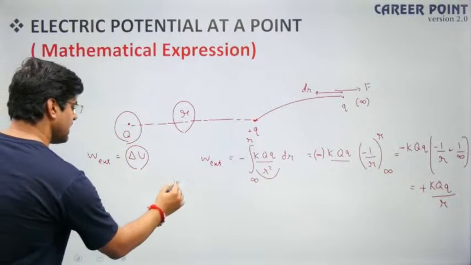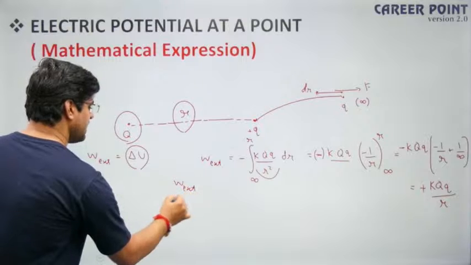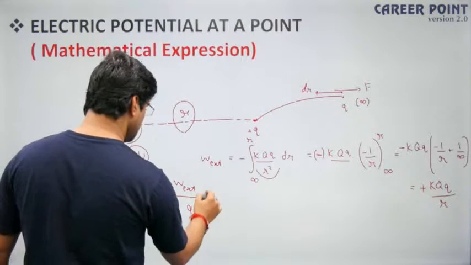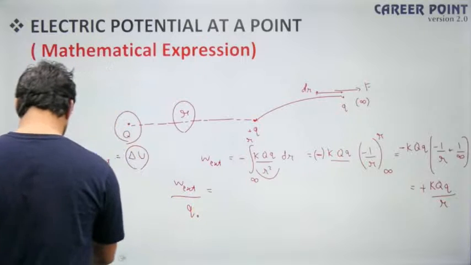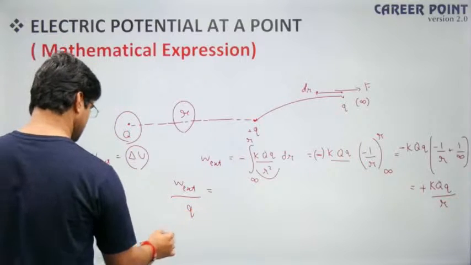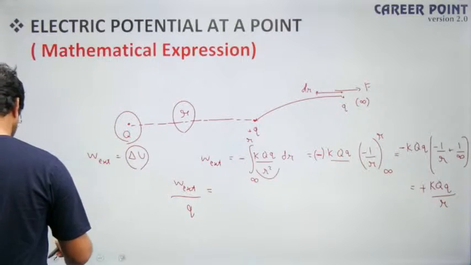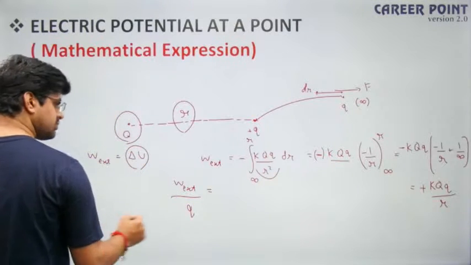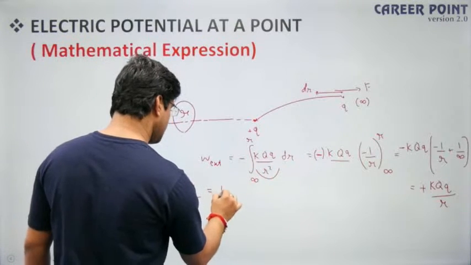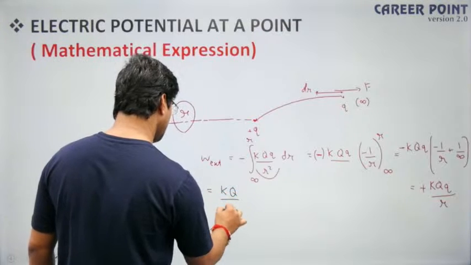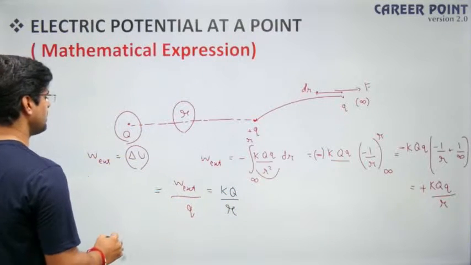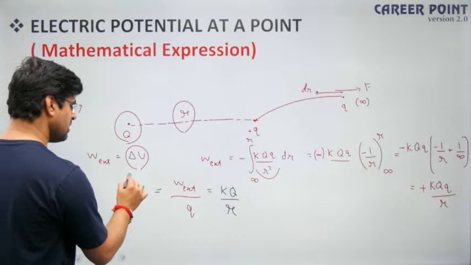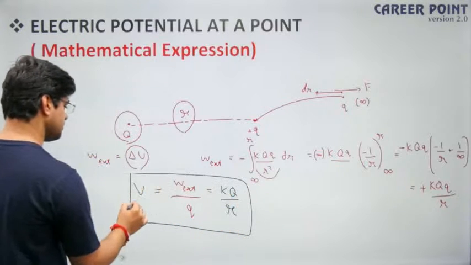So the work done by the external force divided by the test charge q naught, or q, is equal to how much? How much are we getting from here? kq by r. This is what is given as the potential V at a point r.